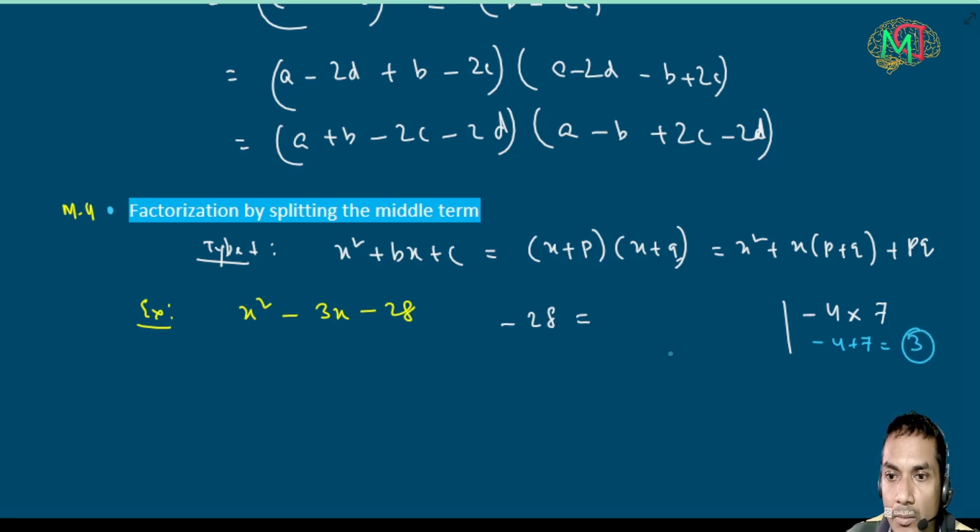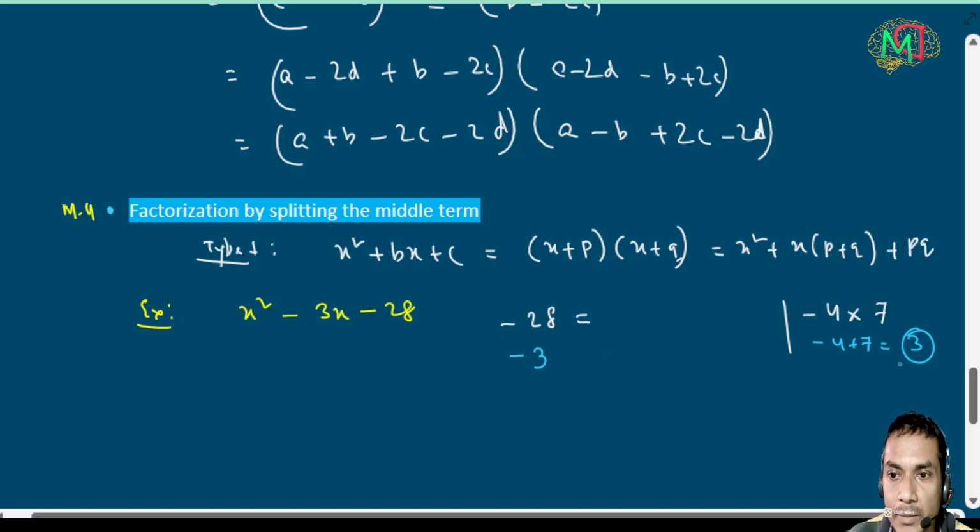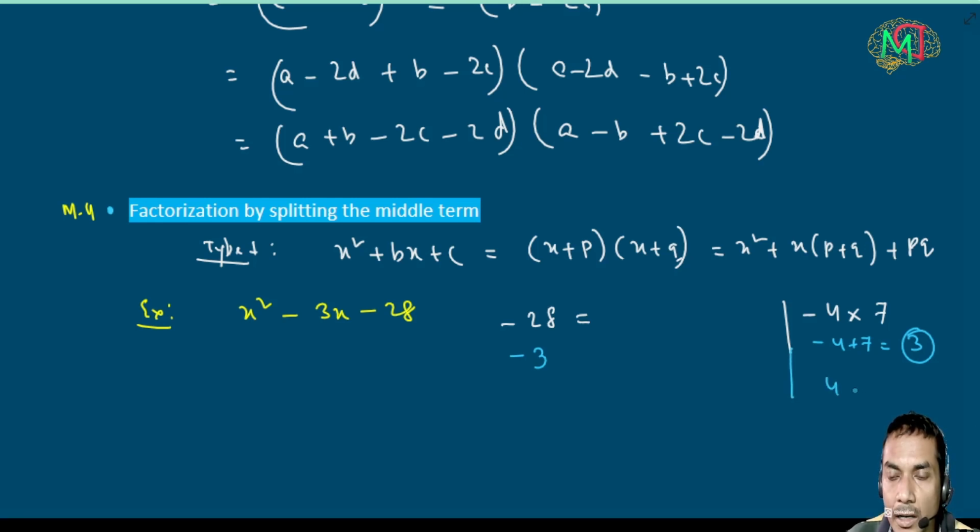But here the sum is minus 3, so we are not getting minus 3. But if we choose 4 and minus 7, then 4 minus 7 is minus 3. So it matches the sum.